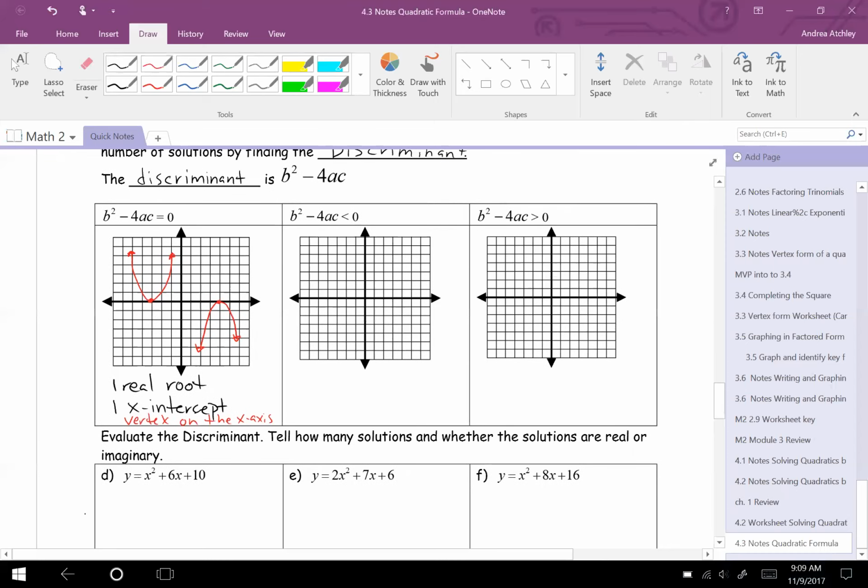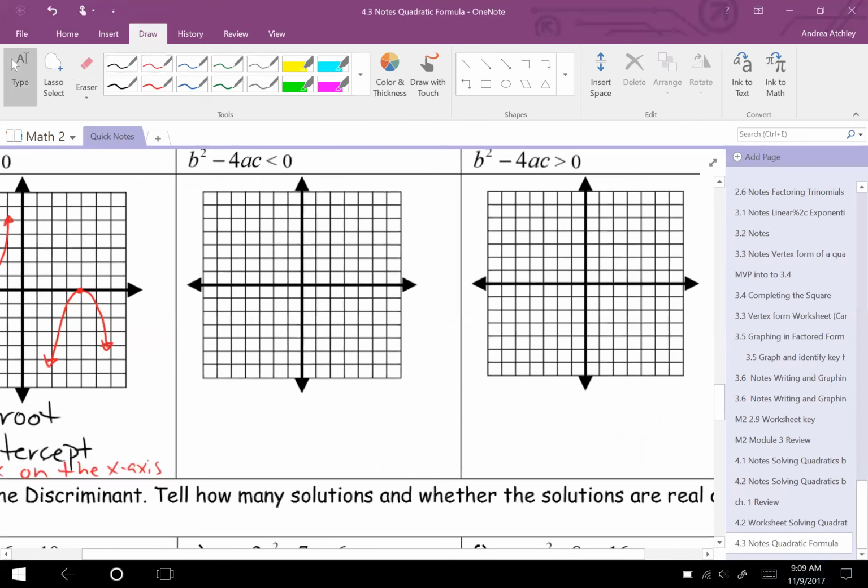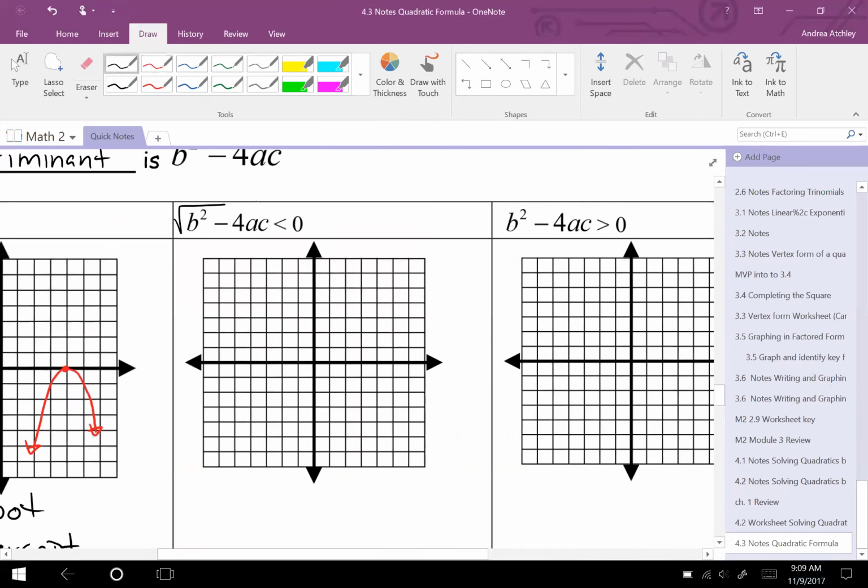Okay, if my b squared minus 4ac inside that radical is less than 0, what's a number that's less than 0? -1, -5, okay? So then our equation would be 4 plus or minus the square root of -5 all over something.